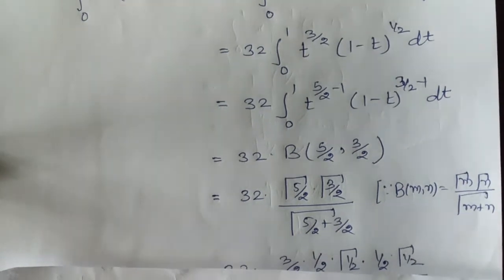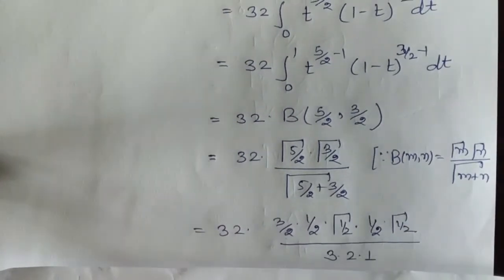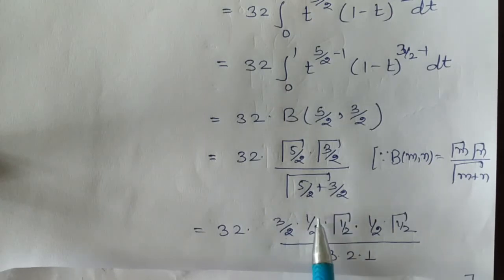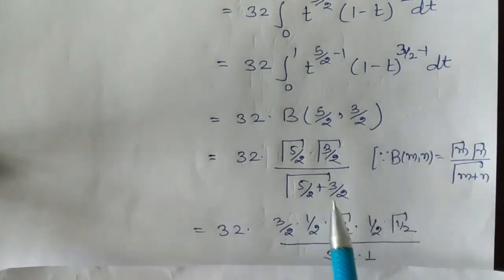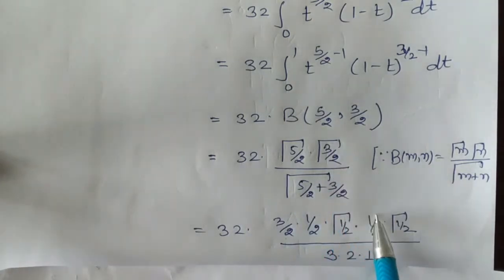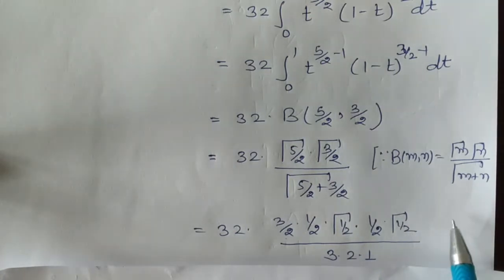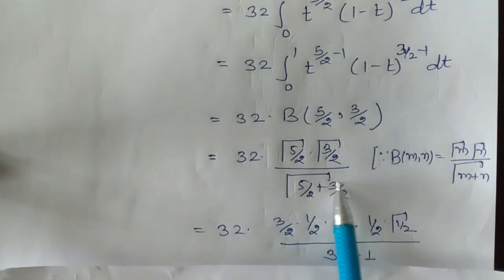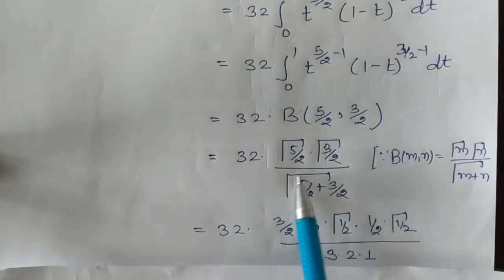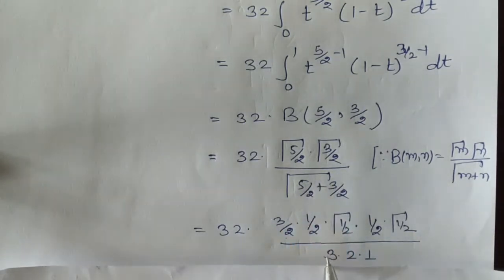Now we simplify, we get 32 into gamma 5 by 2 is 3 by 2 gamma 3 by 2, gamma 3 by 2 is 1 by 2 gamma 1 by 2, into here gamma 3 by 2 is 1 by 2 gamma 1 by 2, using the relation gamma n plus 1 is n gamma n. In the denominator we have gamma 4 and gamma 4 is factorial 3, so 3 into 2 into 1.